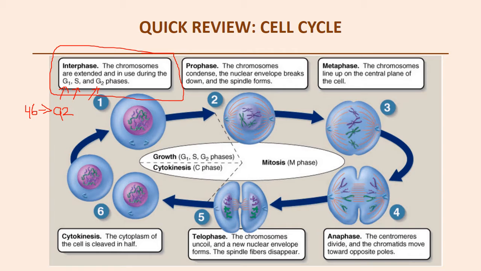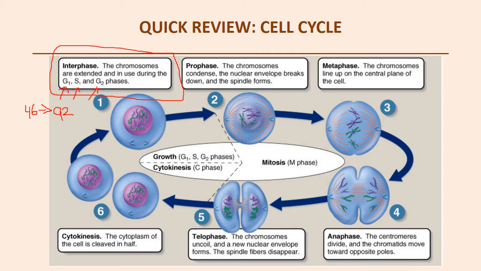And G2 is all about making sure that there are no mutations, everything is ready to go, the DNA has been properly duplicated, because G2 indicates the end of interphase, and that means that we're going to start our replication phase. And that replication phase can either be mitosis or meiosis.